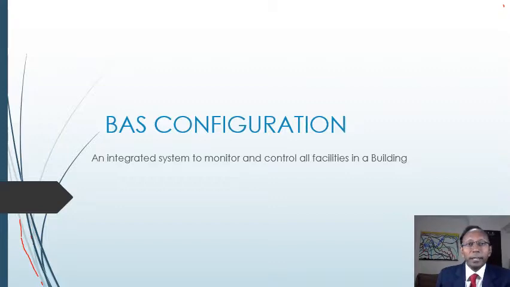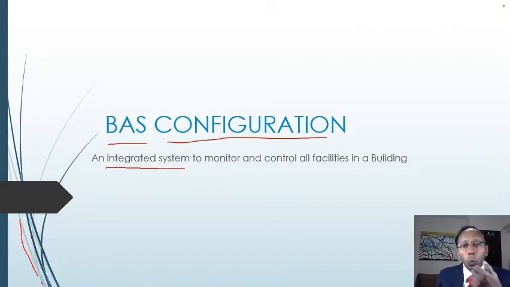Hi, welcome everybody. Let me explain to you about the building automation system or BAS configuration. A building automation system is an integrated system to monitor and control all the facilities in a typical building.